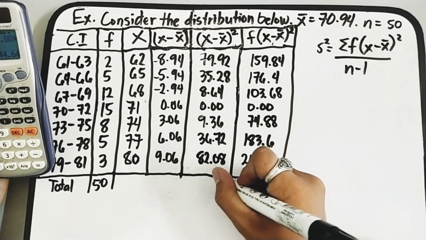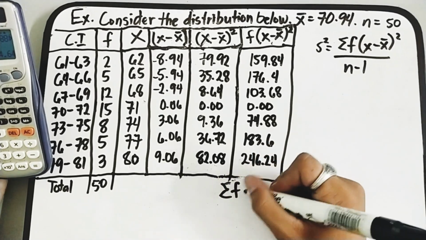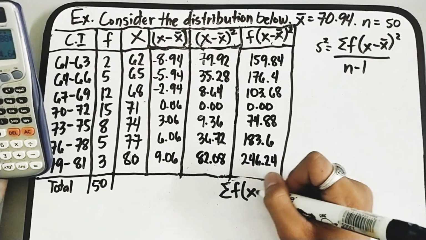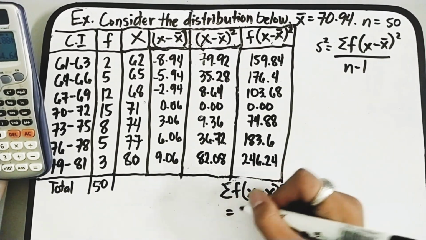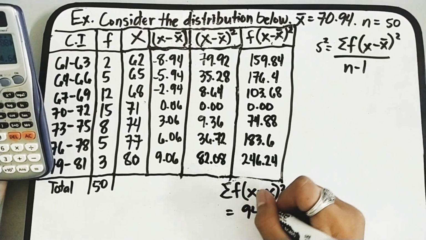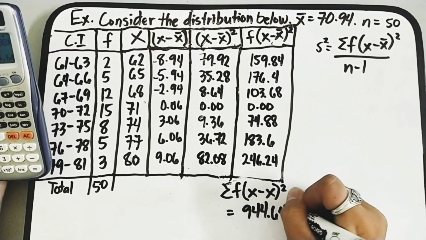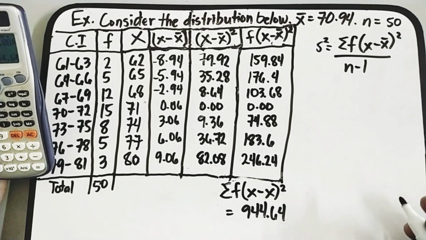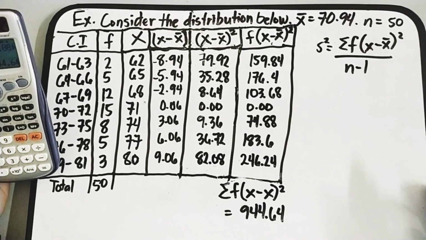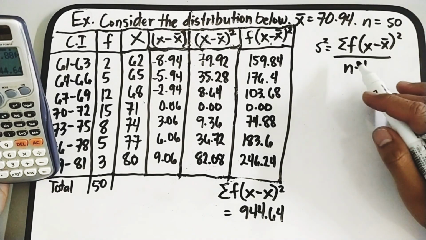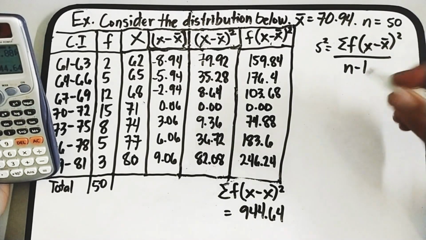Sabi nga natin yung summation of frequency times yung ating x minus x squared is equals to 944.64. Okay, 944.64. Ngayon, meron na tayong gantong data. We can now proceed dun sa ating pag-compute ng variance at standard deviation.